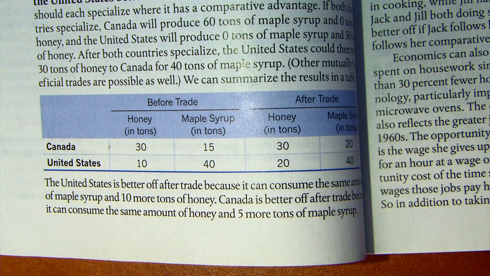So the US can do 50 tons of honey, and they can do 0 of maple syrup. Canada will focus on maple syrup because that's what they have the comparative advantage in. So the 0 honey and 60 maple syrup. So now they offer a trade.